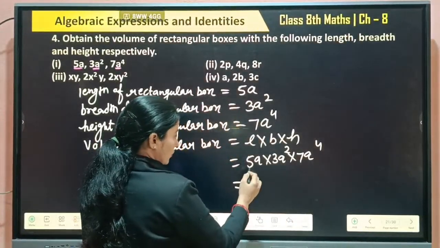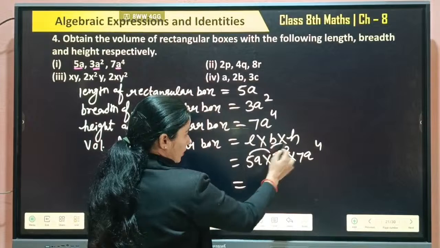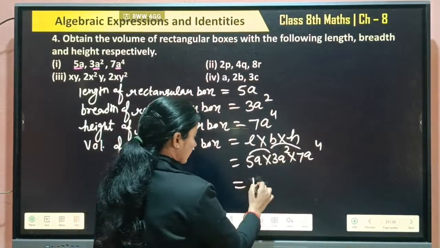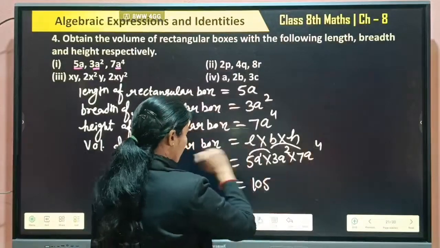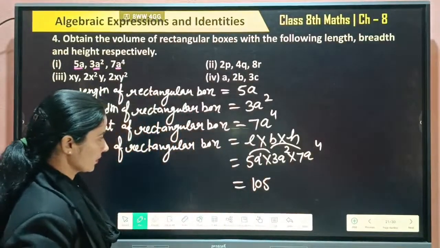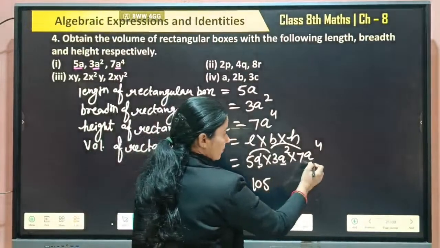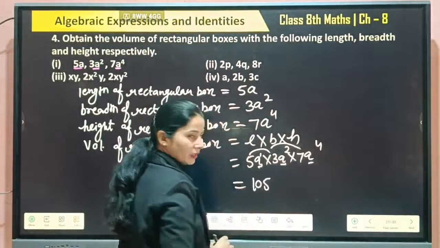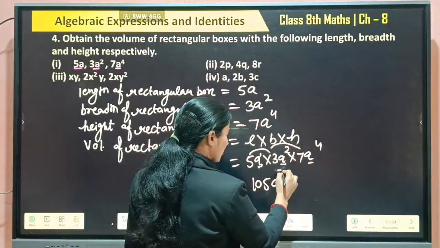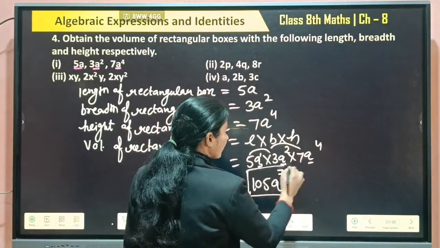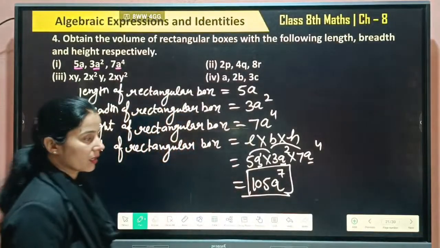Multiply these coefficients: 5 threes are 15, 15 sevens are 105. Then a raised to power 1, a raised to power 2 and a raised to power 4. If the bases are the same in multiplication, these powers will add. So 4 plus 2 is 6, plus 1 is 7, a raised to power 7. 105a raised to power 7 is your answer.